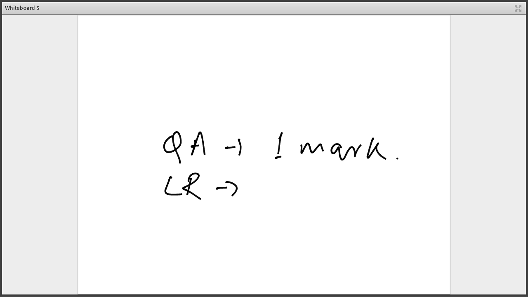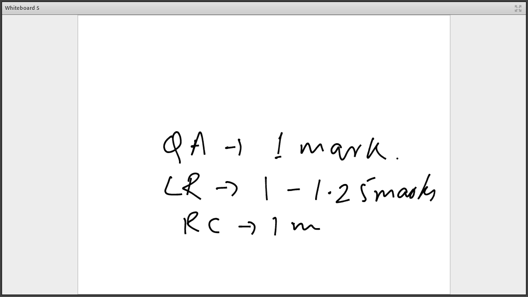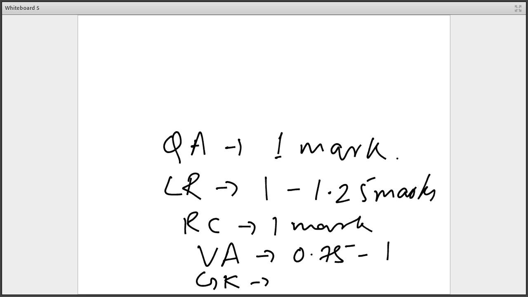You may have LR questions of 1 to 1.25 marks. RC questions of 1 mark. The usual verbal to be 0.75 to 1. Then GK from 0.5 to 0.75. This could be the average breakup of the marks in a particular section. DI will also come in at 0.75 to 1 mark.